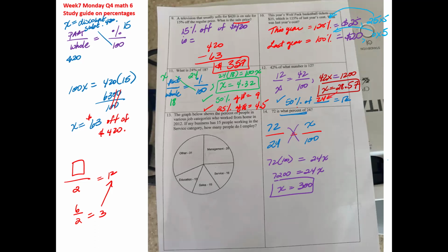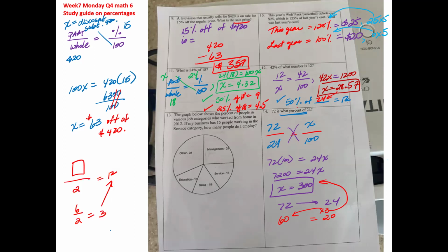So 72 is what percent of 24? It is 300% of 24. That sounds fine. Because if we think about it, 72 and 24, isn't 20 times 3 going to give me 60? 3 times, 300%. Okay.